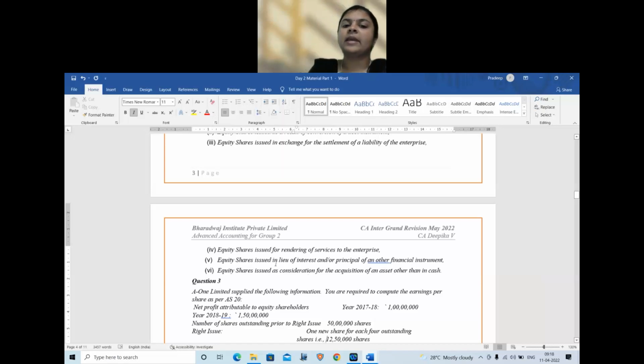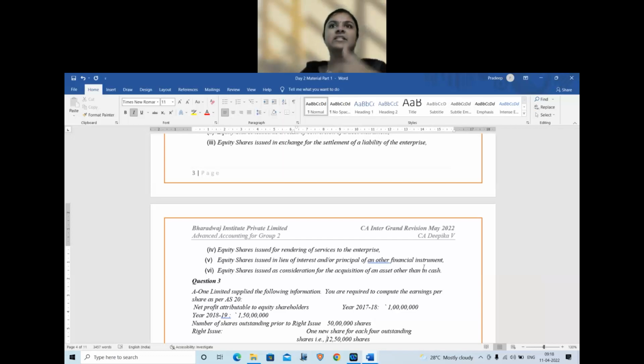Next, equity shares issued in lieu of interest and or principal of another financial instrument. In lieu of means in exchange of. In exchange of paying principal or interest, I am allotting equity shares. So whenever the interest is due or whenever the allotment is made, I am exchanging the interest with shares. I am saying I will not pay you interest, instead I will give you the share.